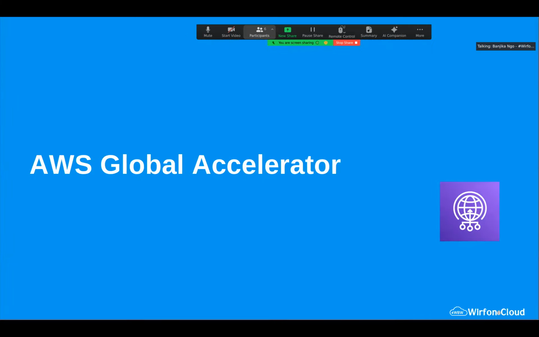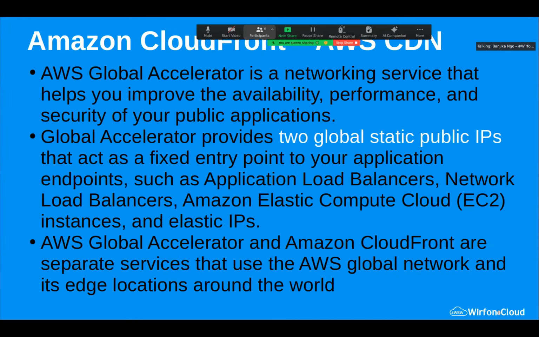The last service is Global Accelerator, which is mainly similar to CloudFront, but it's a networking service that helps you improve the availability, performance, and security of your public applications. The key thing is Global Accelerator always provides two global static public IPs that act as a fixed entry point to your application endpoints, like load balancers.